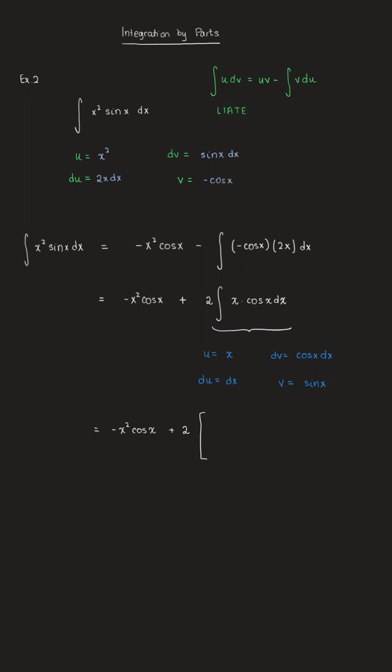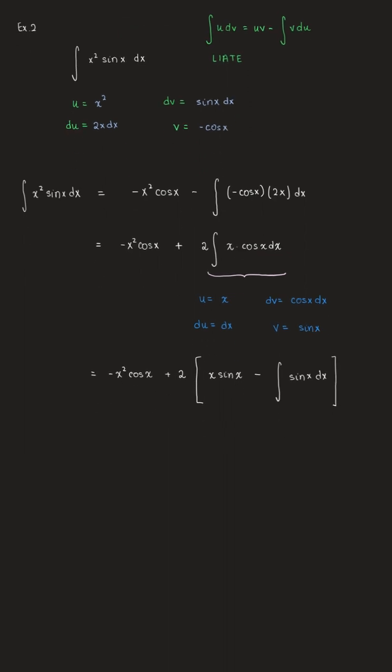So that's going to be u times v, which will give us x sine x, minus the integral of v du, and that's sine x dx. And so this is looking pretty good, because this integral, well, we know how to do that, right? We know how to take the antiderivative of sine x. So we're ready to finish this problem and evaluate that last integral.